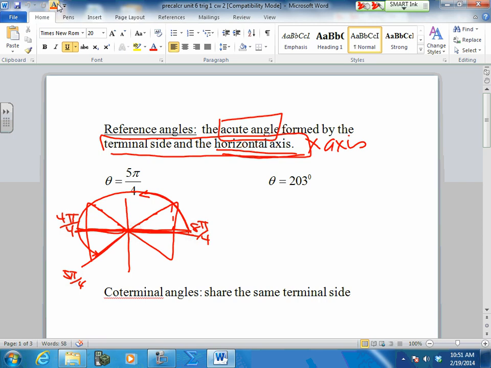So my bow tie's got to go like this. It's got to come to this horizontal axis. So we only work off of your pi and your 2 pi, your 180, your 360. We don't use your 90 and your 270 because my bow tie wouldn't fit that way. So it's got to be one of these guys. So it's right here. This is where 5 pi over 4 is.